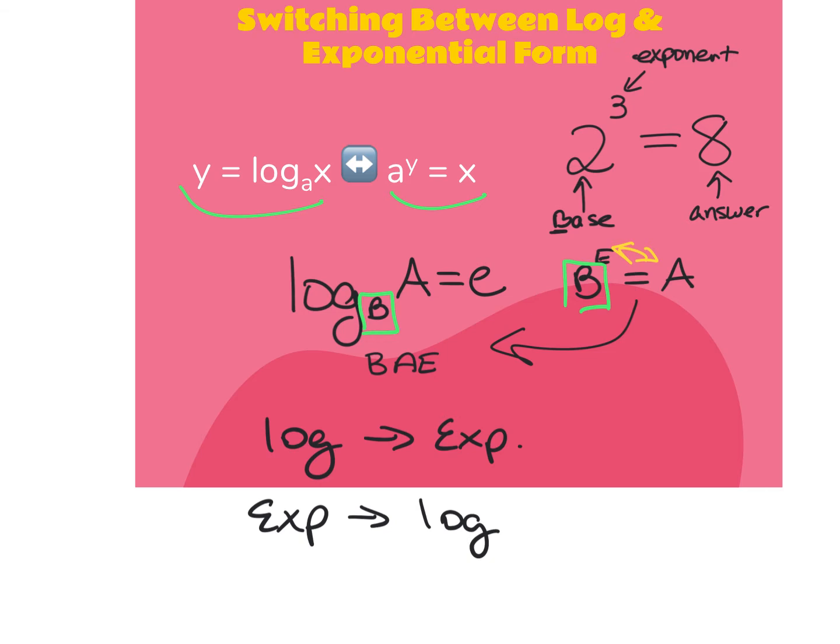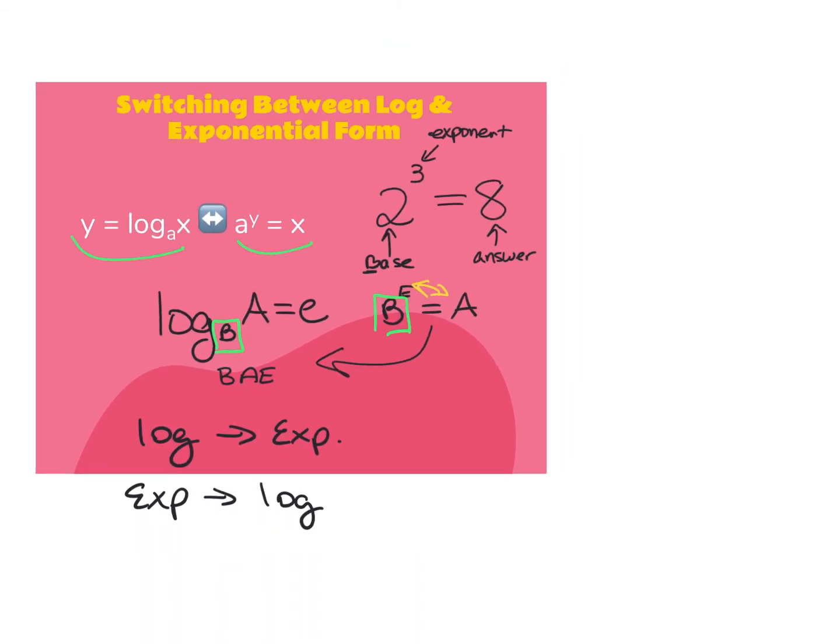Now, if you recall, the graph of the exponential function looks something like this. It went through this ordered pair right here at 0, 1, and remember it went up like this.